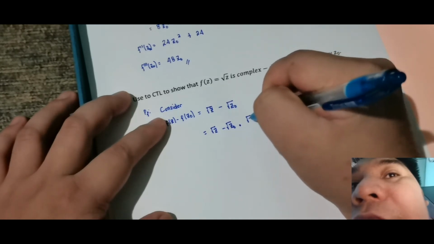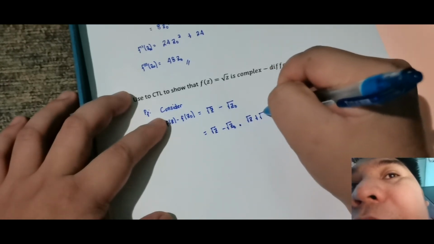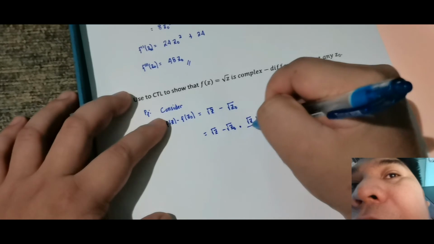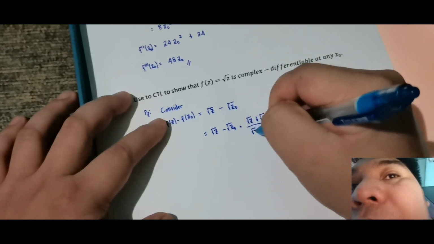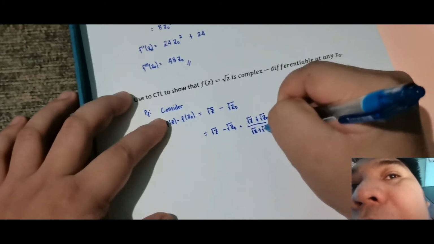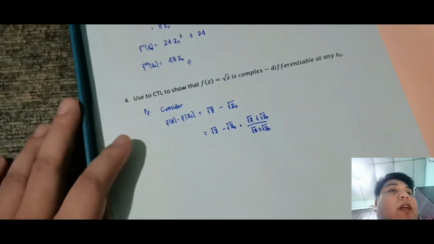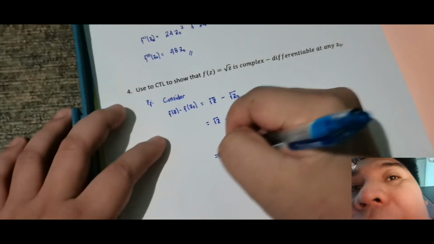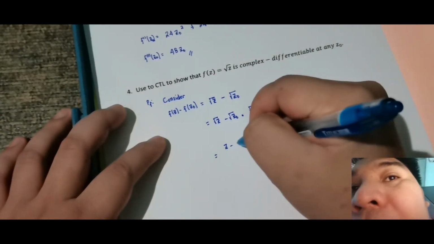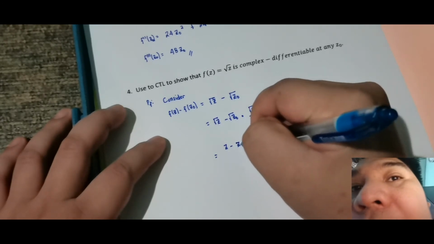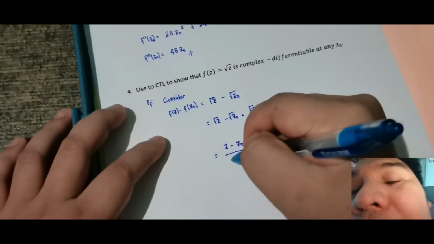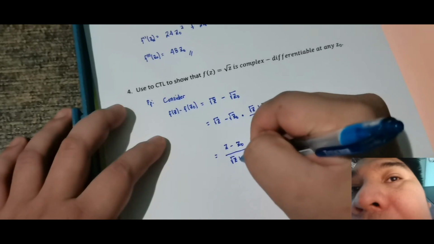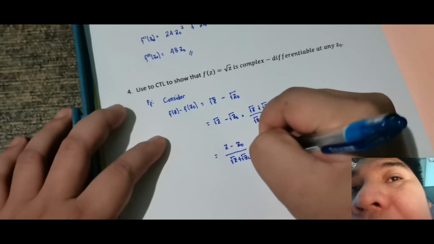Okay, so this is equivalent sa square root of z minus square root of z naught. I-multiply natin siya sa square root of z plus square root of z naught all over square root of z plus square root of z naught. Then sa taas, syempre pag multiply, that is simply z minus z naught all over square root of z plus square root of z naught.